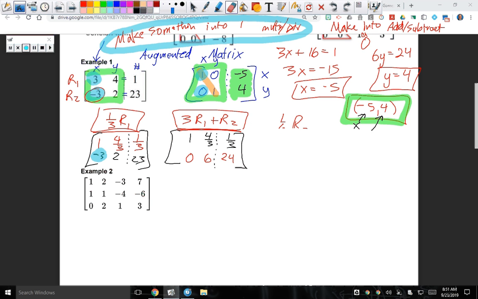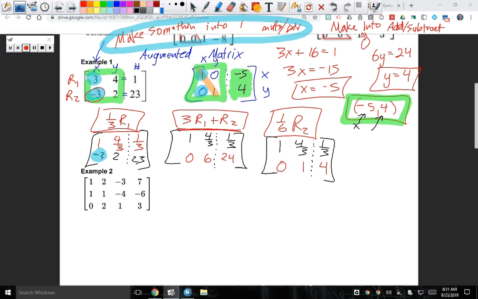This change to the matrix made this become 0, 1, 4. Everything else, as you keep seeing me do in black, it's just staying the same. Nothing happened to everything else.